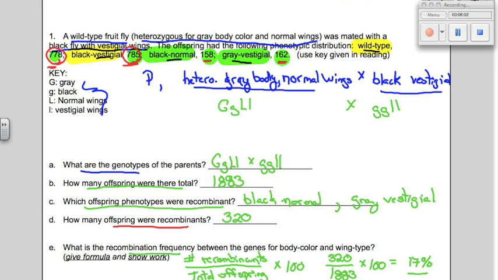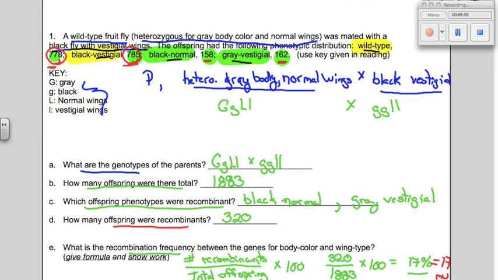So what? What can I do with this information? Well, we know from Sturtevant's work that a recombination frequency of 1% also corresponds to a distance on the chromosome of 1 map unit. So if I apply that, a recombination frequency of 17% means that these two genes are separated by 17 map units, 17 MUs.